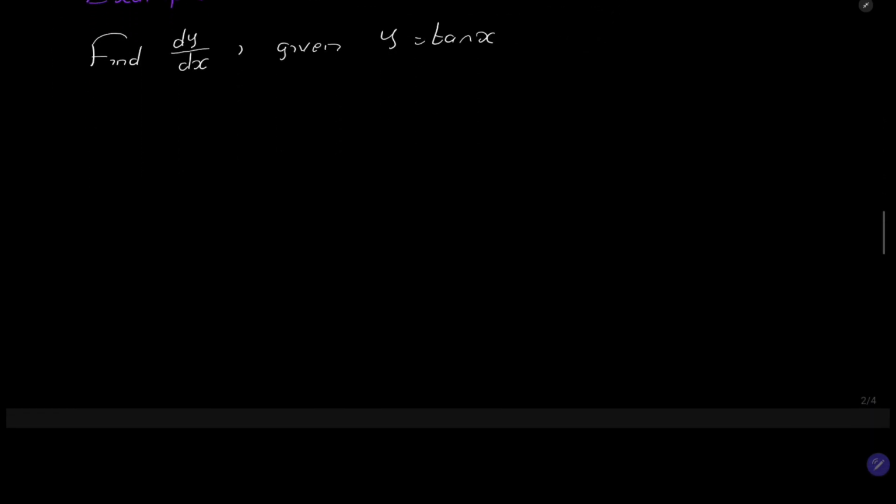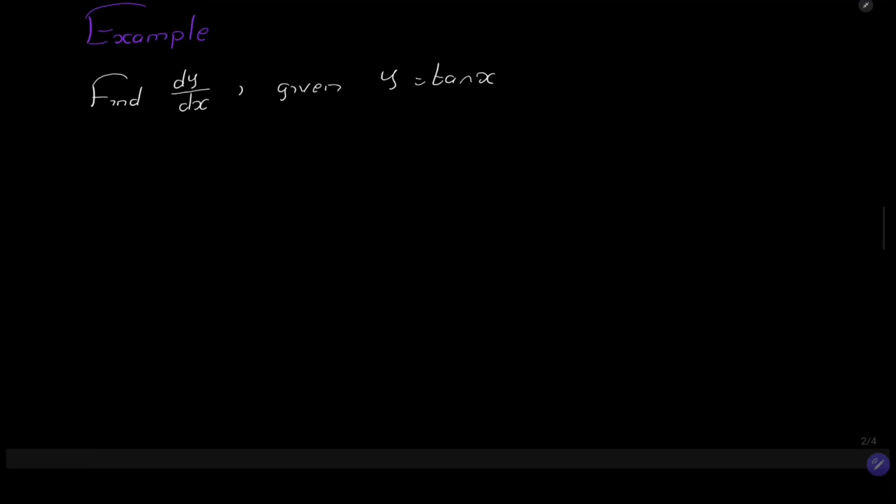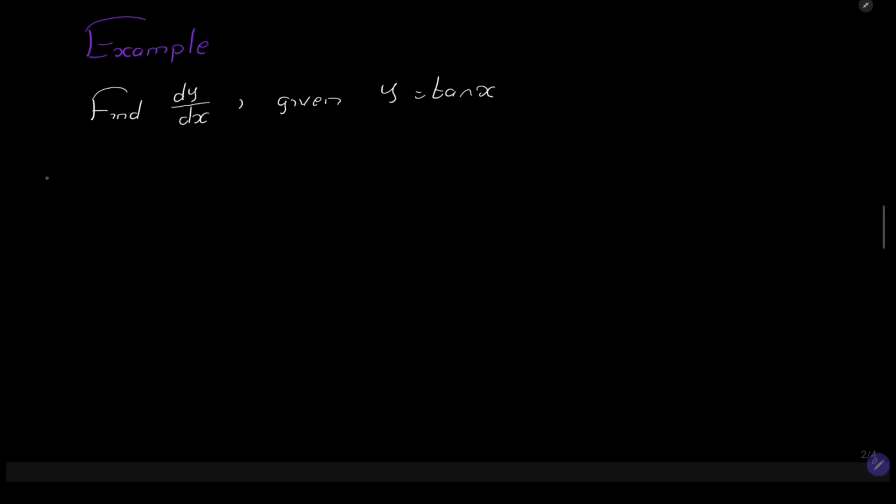So for this question, we are going to follow the same steps we used in the previous question. What was our first step? Applying tan on both sides, that is tan y gives us tan of tan inverse of x, giving us x. This implies that tan y is equal to x.